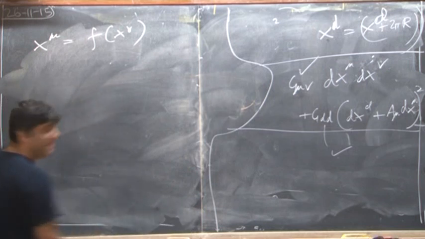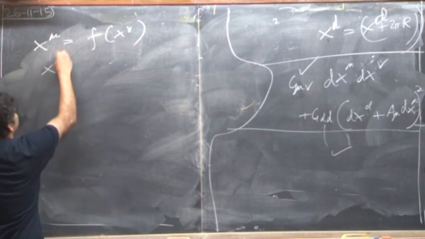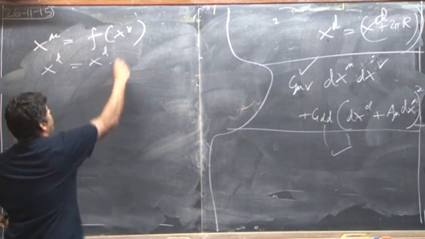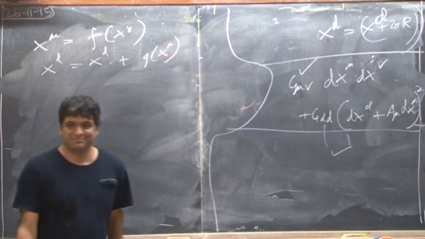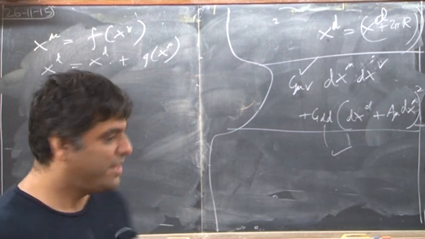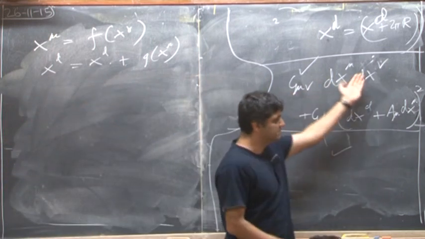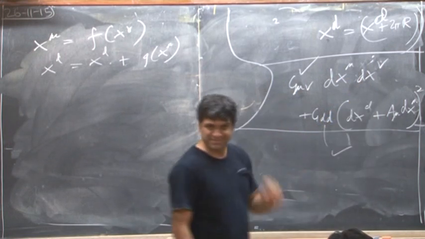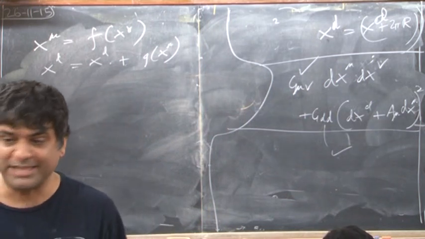But there's something else one can do. One can make the coordinate change xd goes to xd plus an arbitrary function of x mu. Is that clear? It will not make anything depend on xd.